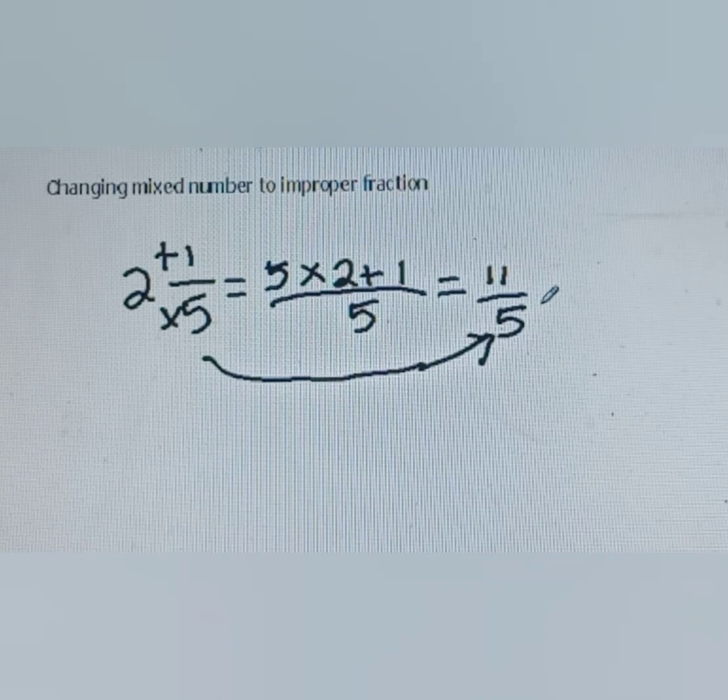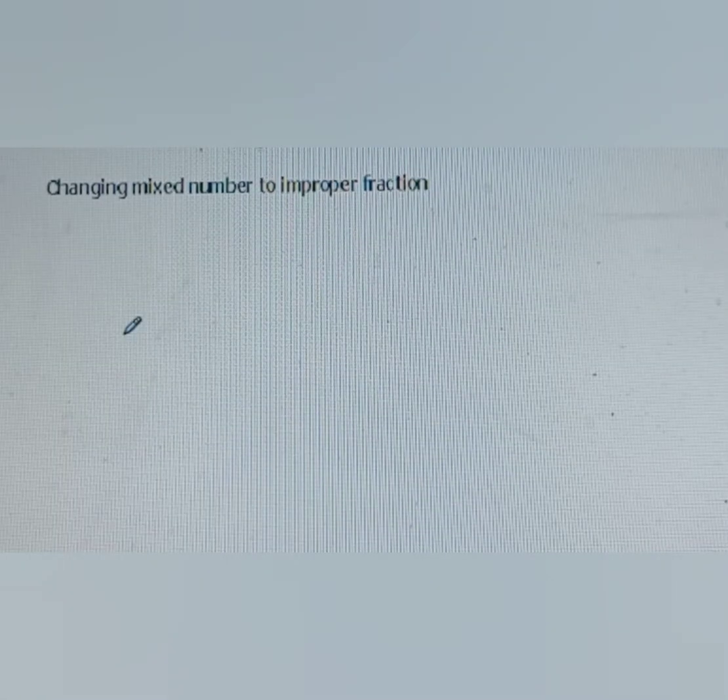Okay, let's have one more example. Let's have 3 and 2/7. Here you have whole number 3 and a fraction 2/7, right? So let's change these to improper.